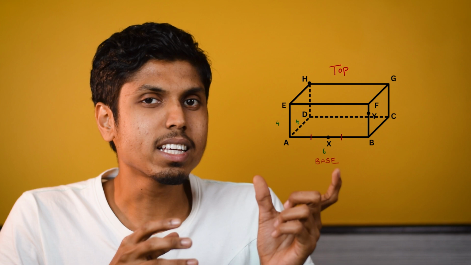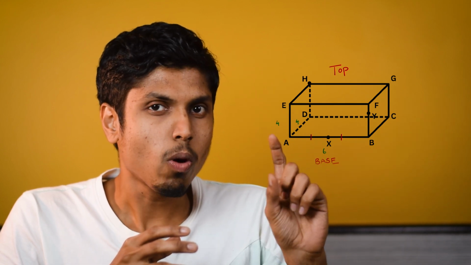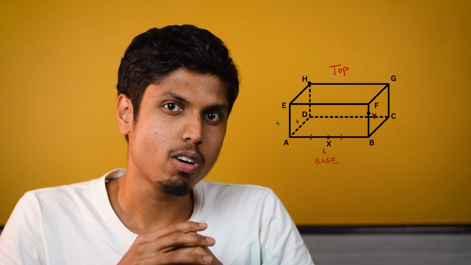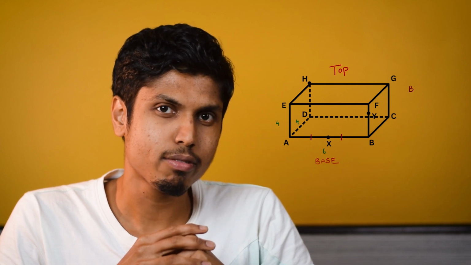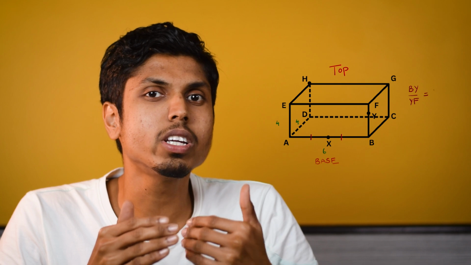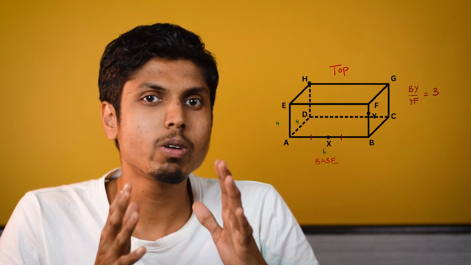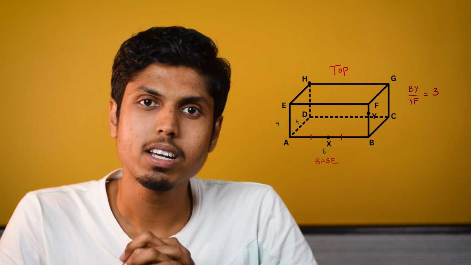Now, let X be the midpoint of side AB and Y be a point on the segment BF such that it divides the segment in the ratio 3:1. So these are how the points X and Y are defined.